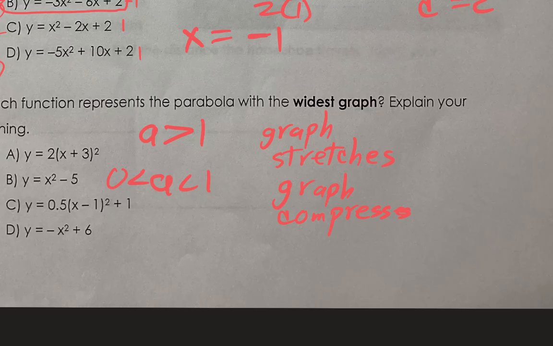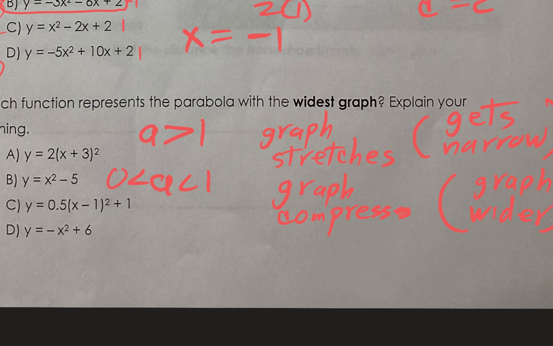So when a is greater than 1 and my graph is stretching, my graph gets narrow. When a is between 0 and 1, my graph compresses, so the graph gets wider.